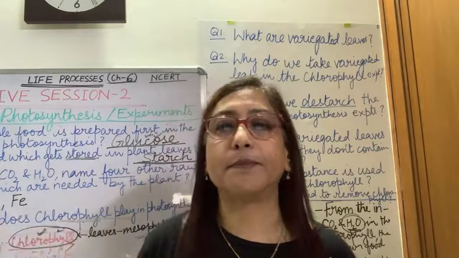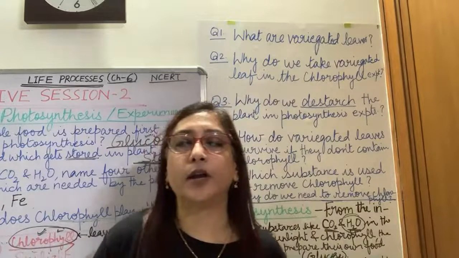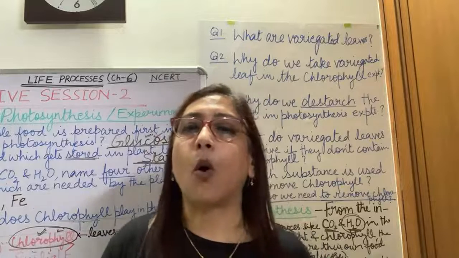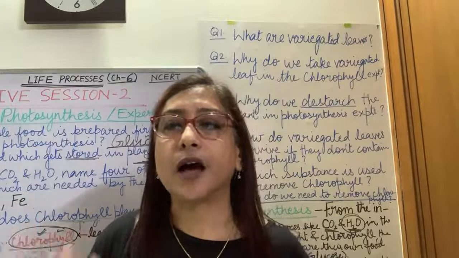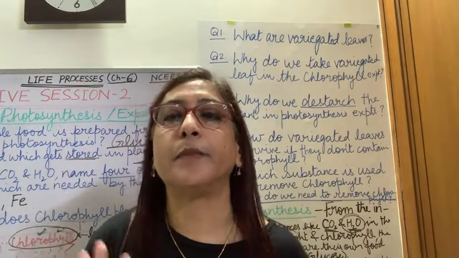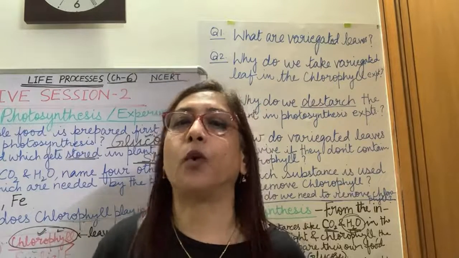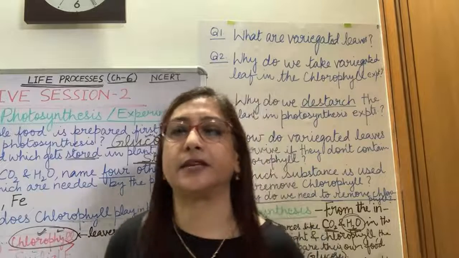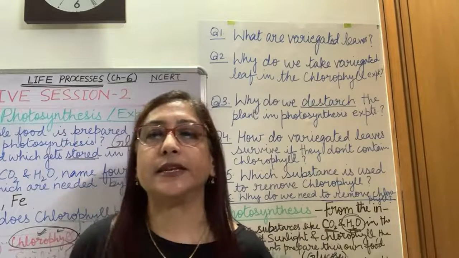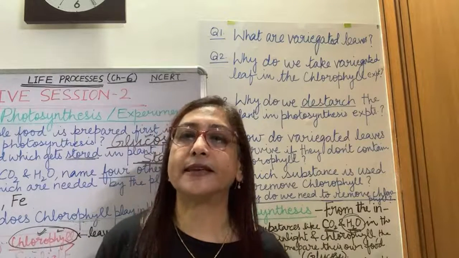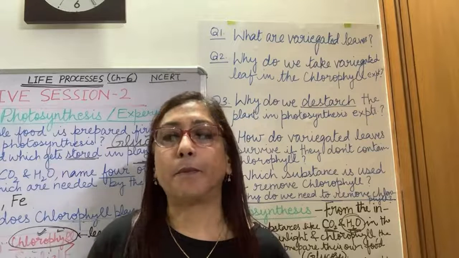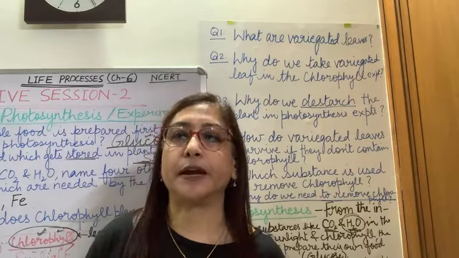So the reason is simple, children. We wanted to wash out all the previous starch which was there in the plant. We wanted to wipe it out, eliminate all the starch that was present in the plant before the experiment.